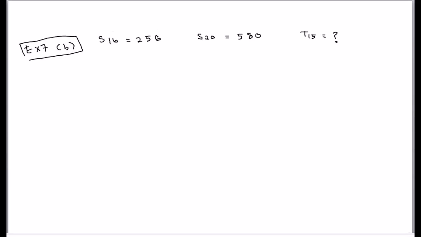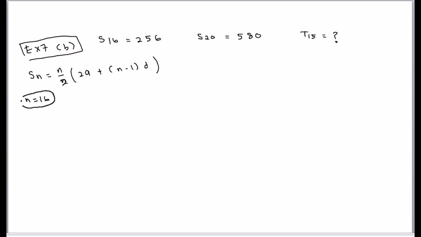Okay, let's use the first information. S16 equals 256. The formula of the sum: Sn equals n over 2 times 2a plus n minus 1 d.